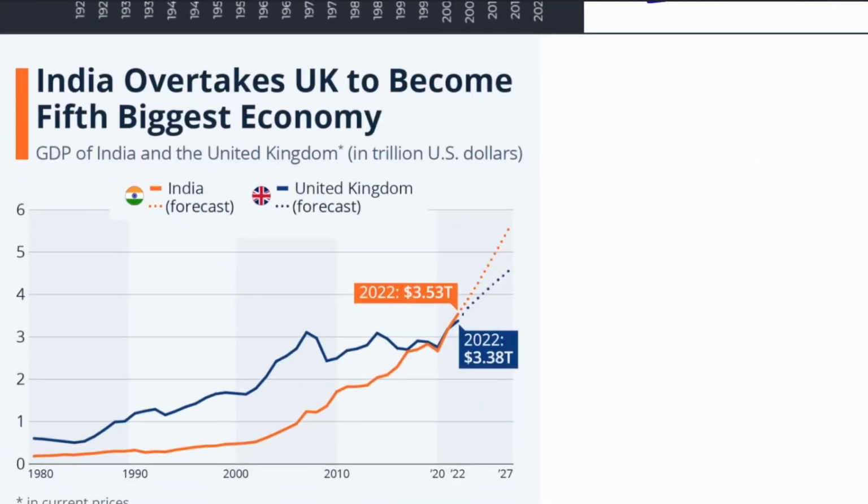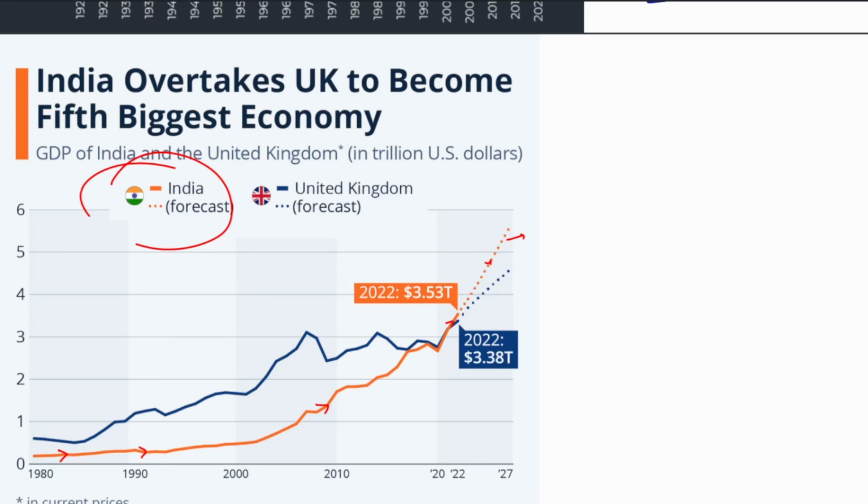Let's come here. First of all, even as inequality has risen, we can see India's GDP. It has also risen from 1980, 1990, 2010, 2021, 2022, and the forecast is that it's going upwards, reaching 6 trillion US dollars.